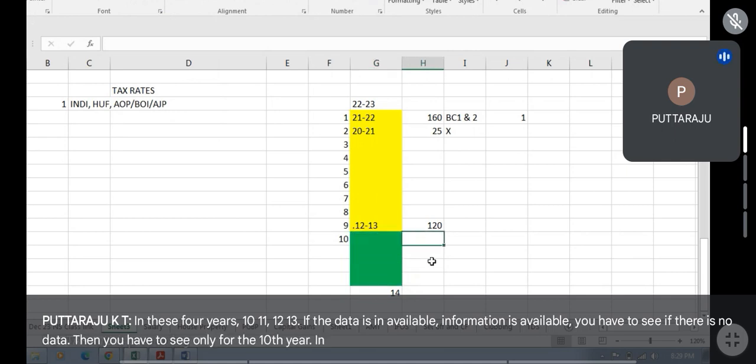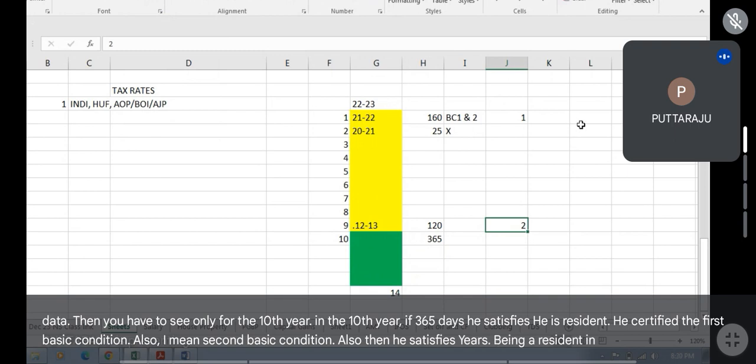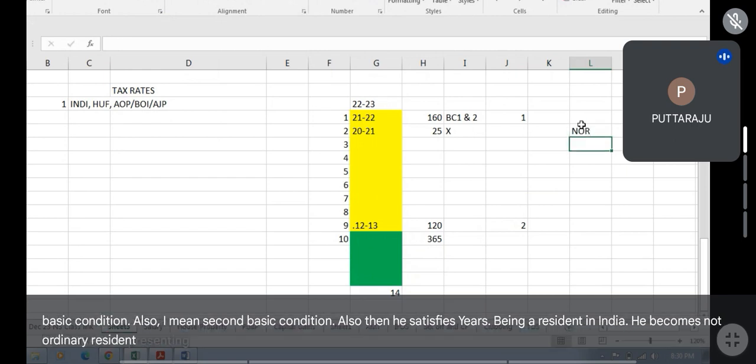In the 10th year, if he satisfies 365 days, he is resident, he satisfies the first basic condition also, second basic condition also. Then he satisfies 2 years being a resident in India, he becomes not ordinarily resident as of now, assuming that he doesn't satisfy the second additional condition.